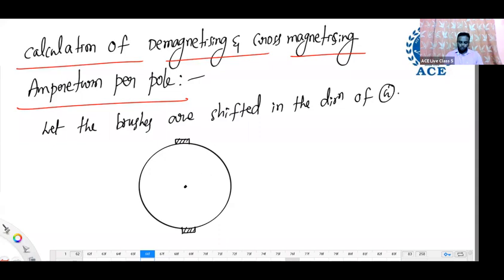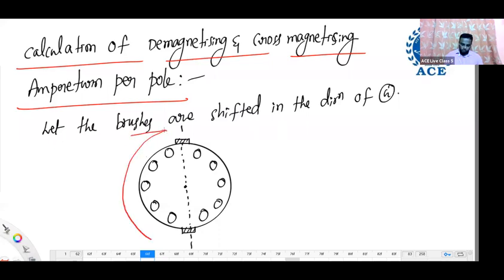Let this be the brush axis before shifting. There are a number of conductors under the North Pole, so here we have poles, and that is the South Pole.